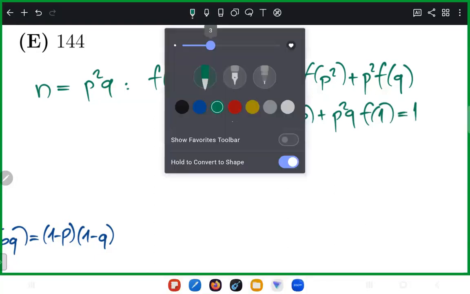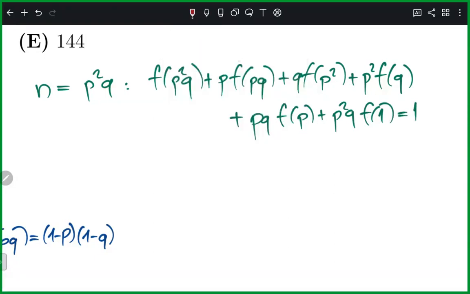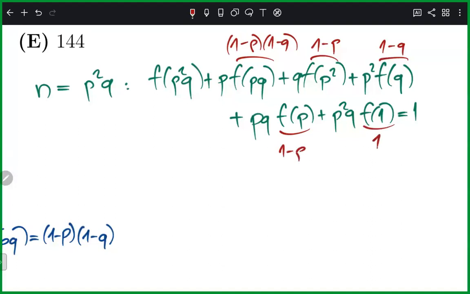Okay, let's substitute f(pq) equals (1 minus p)(1 minus q), p squared times (1 minus q), pq times (1 minus p), f(1) equals 1.